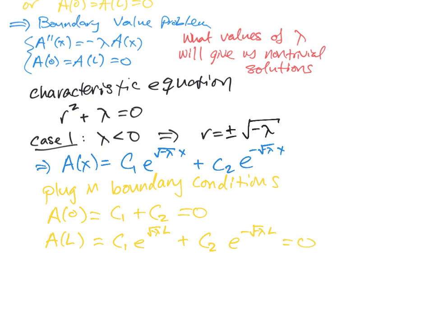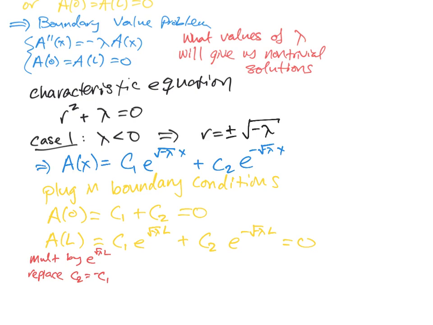So let's multiply through by e to the square root of negative lambda L and replace c2 with negative c1.